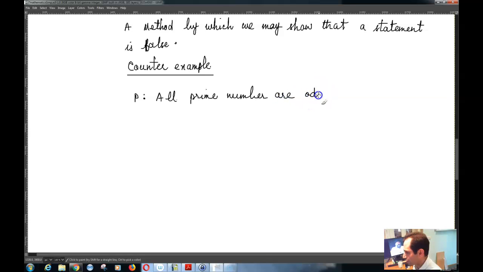Now you know that prime numbers are 2, 3, 5, 7, there is no 9, there is no 10, there is 11, there is 13, and so on. If you write out these numbers, you will find that all of these prime numbers are odd.